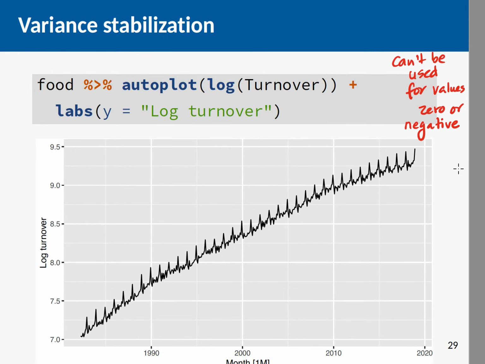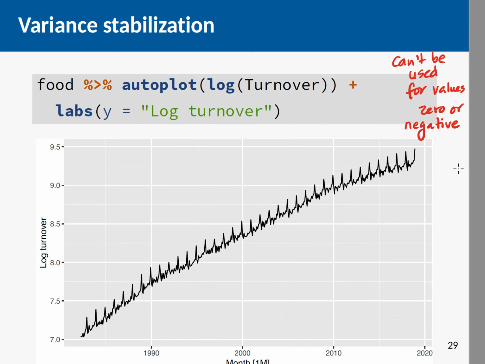We can also take a look at the log values of the turnover series, which is our original series. Of course, turnover is positive, so all our values were positive and we don't have a problem in taking logs, but you should remember that whenever you are taking logs, you can't use logs for series that have zeros or negative values in them.